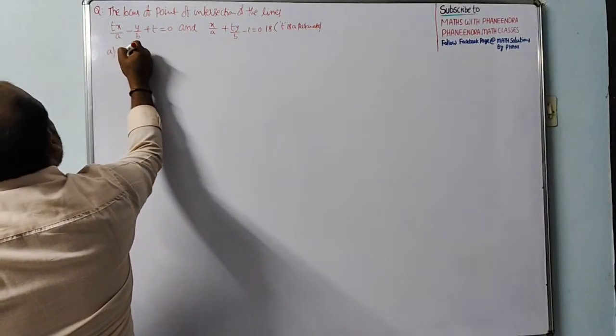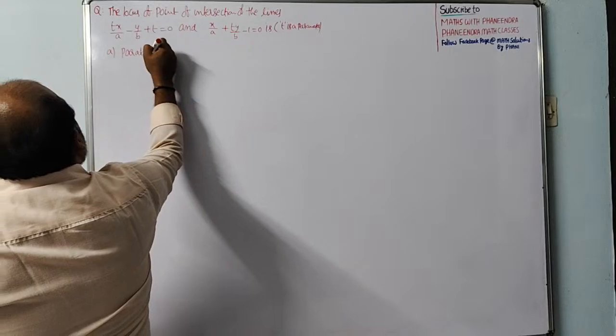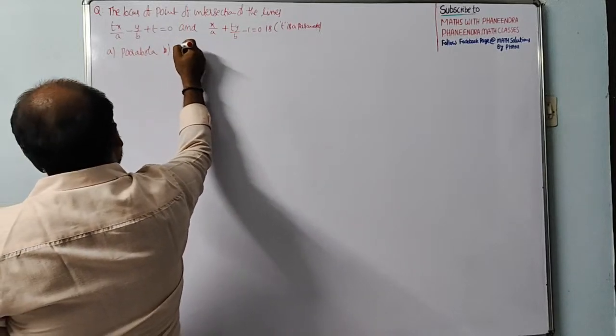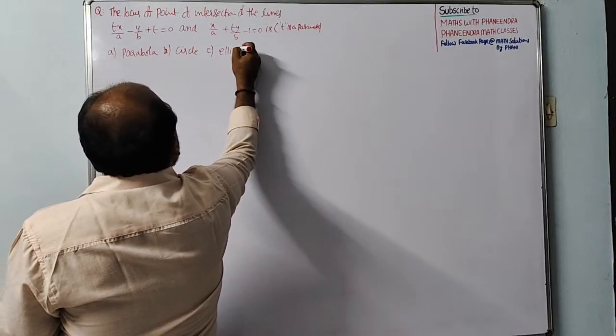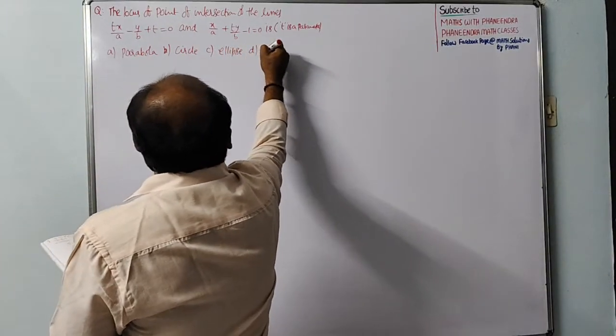First option parabola, second option circle, third option ellipse, fourth option hyperbola.